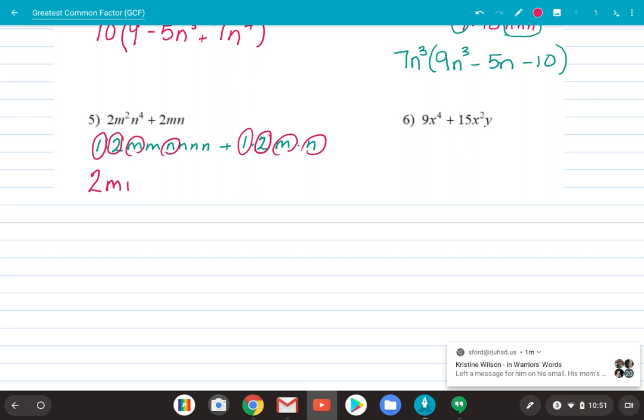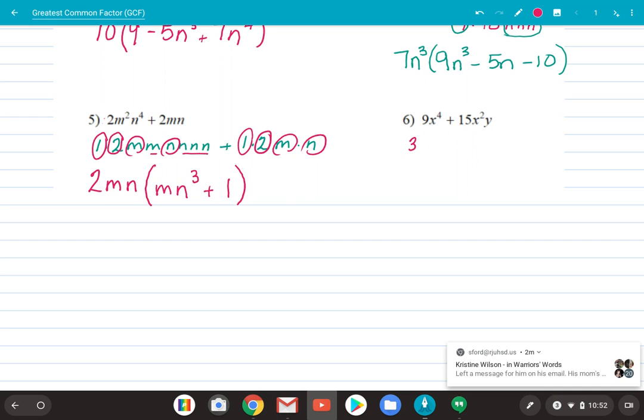We have an m and we have an n in the background that we took out. So what we have left is an m, an n cubed, plus. We have to keep that plus. And if you notice, there's nothing left after the plus sign, but we have to have that 1 there. Because if we multiplied it back like we did last week, we want to get our question back again.